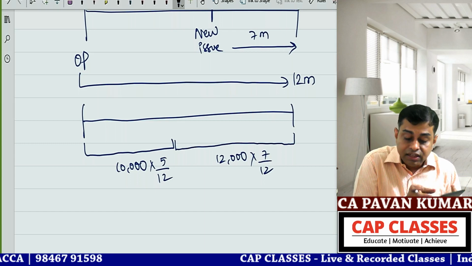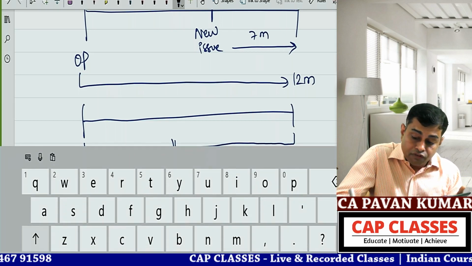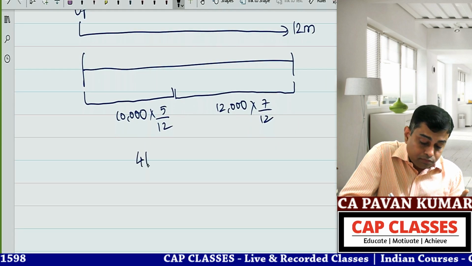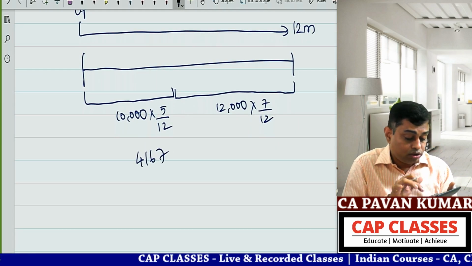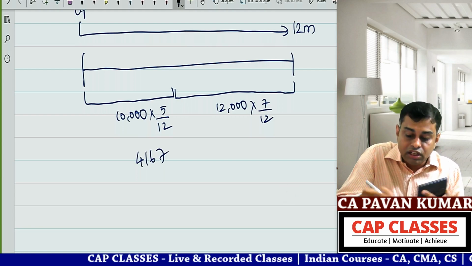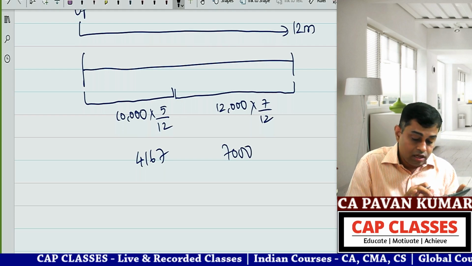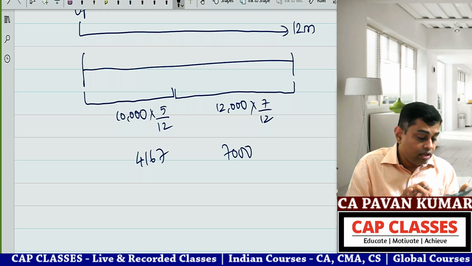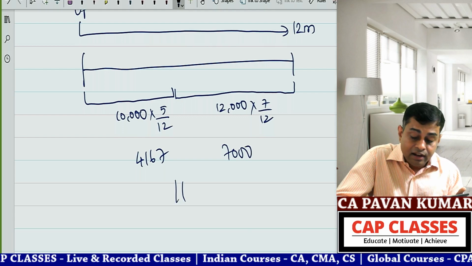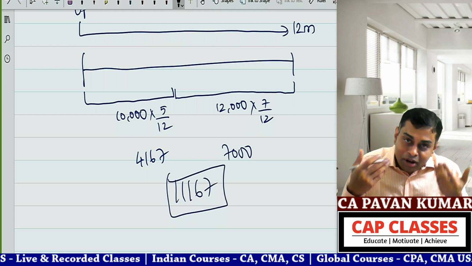So like this, if you calculate also, 10,000 into 5 divided by 12, how much? 4167. 12,000 into 7 by 12 is 1,000 into 7, 7,000. So 7,000 plus 4167. This came same answer, sir. 11,167. Correct answer, sir. Or you can calculate with number of days also.